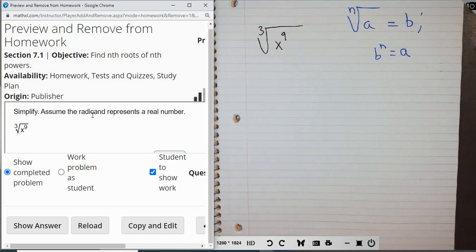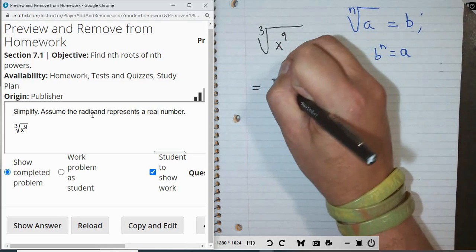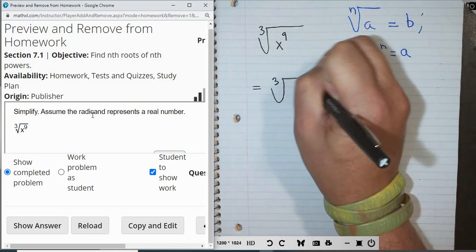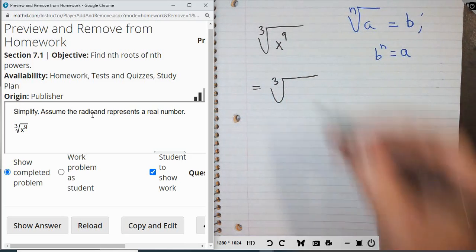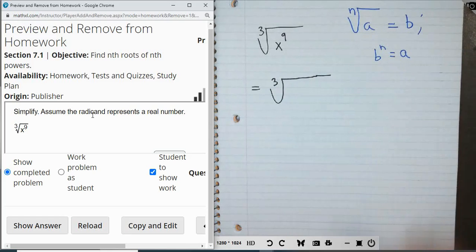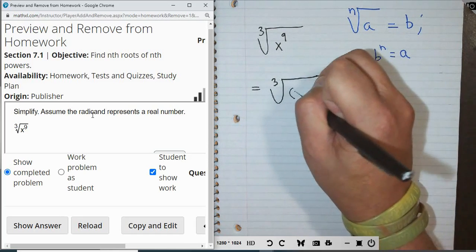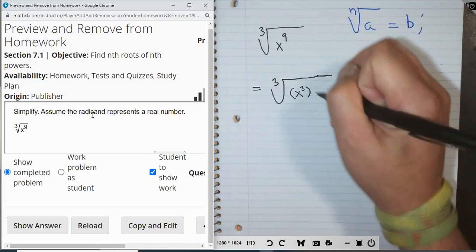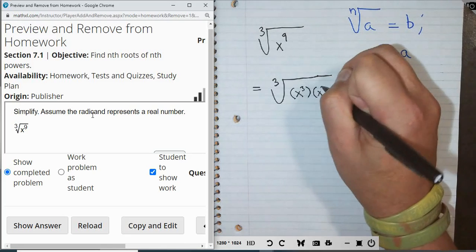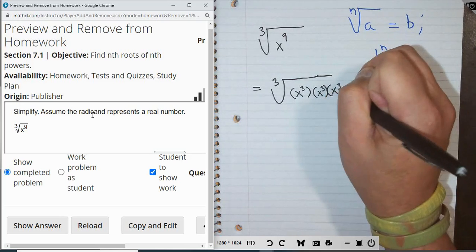To understand how to do this, let's rewrite this one here. We're taking the cube root of x to the 9th. We could factor x to the 9th by rewriting it as x to the 3rd times x to the 3rd times x to the 3rd.